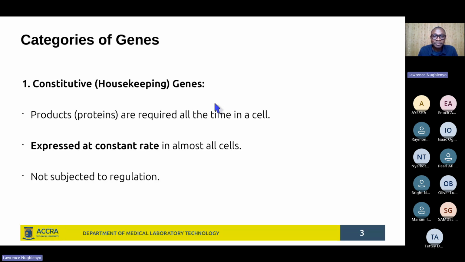So for instance, you talk of the process of glycolysis and Krebs cycle. These processes are occurring in the cell. These are processes of metabolism, metabolic processes occurring in the cell.